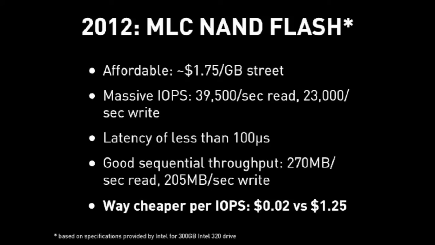This is an Intel 320, which is the newer generation of Intel's commodity drives, 23,000 writes a second. And our latency is just minuscule compared to the 10 milliseconds that we're waiting around for a spinning disk. We also get, these days, it used to be that SSDs had poor sequential I/O performance. Now they are actually quite good.